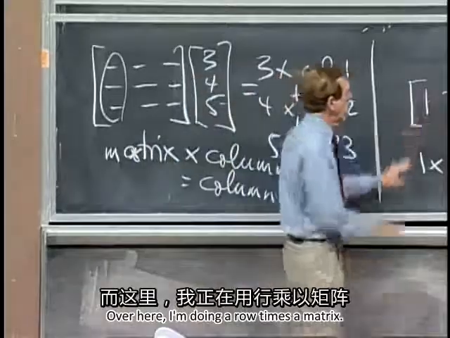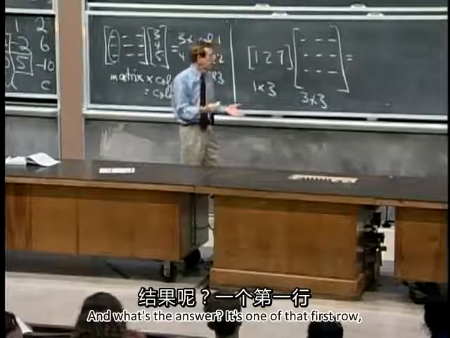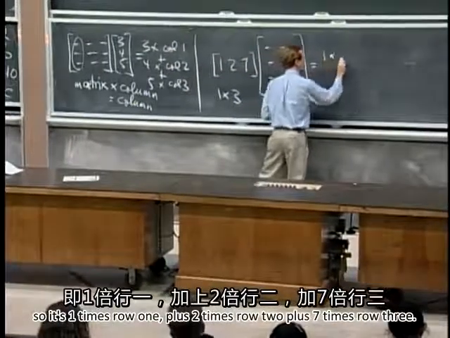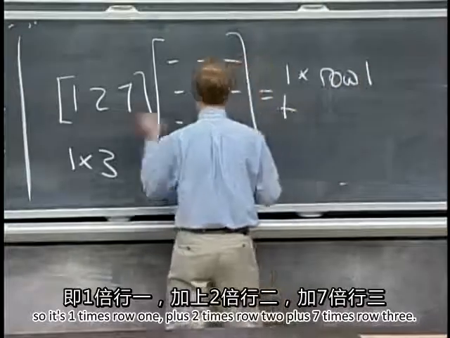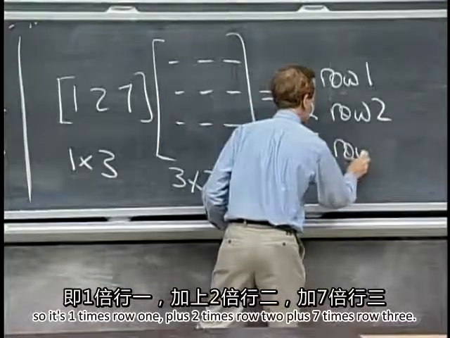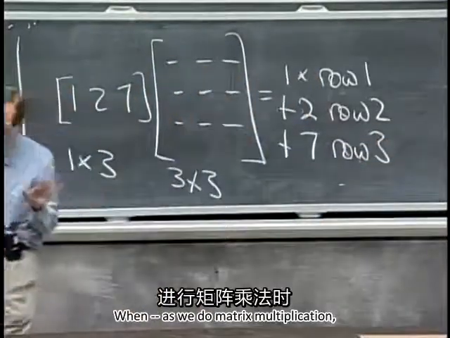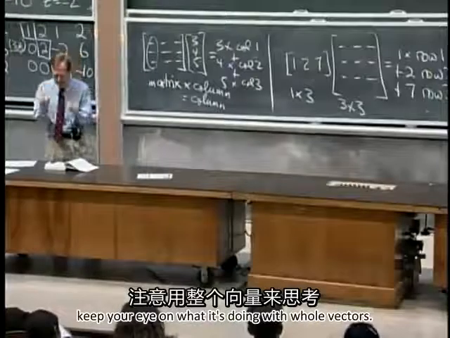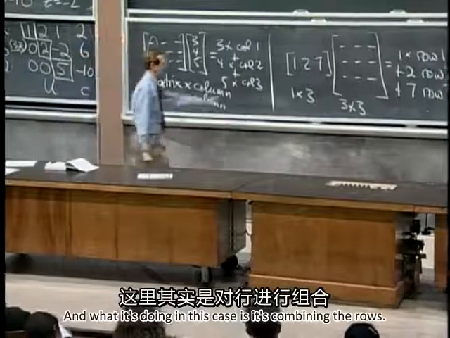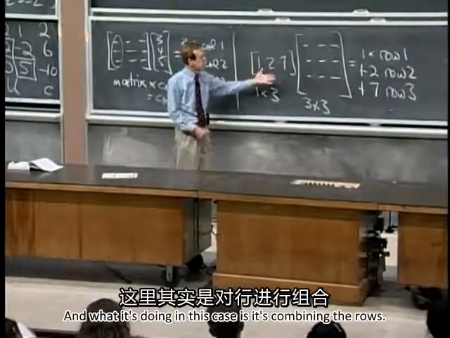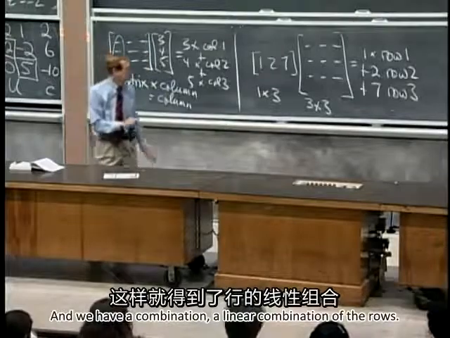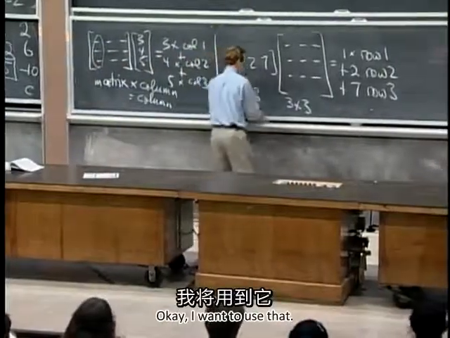Over here, I'm doing a row times a matrix, and what's the answer? It's 1 of the first row, so it's 1 times row 1 plus 2 times row 2 plus 7 times row 3. As we do matrix multiplication, keep your eye on what it's doing with whole vectors. And what it's doing in this case is combining the rows. We have a linear combination of the rows. Okay, I want to use that.